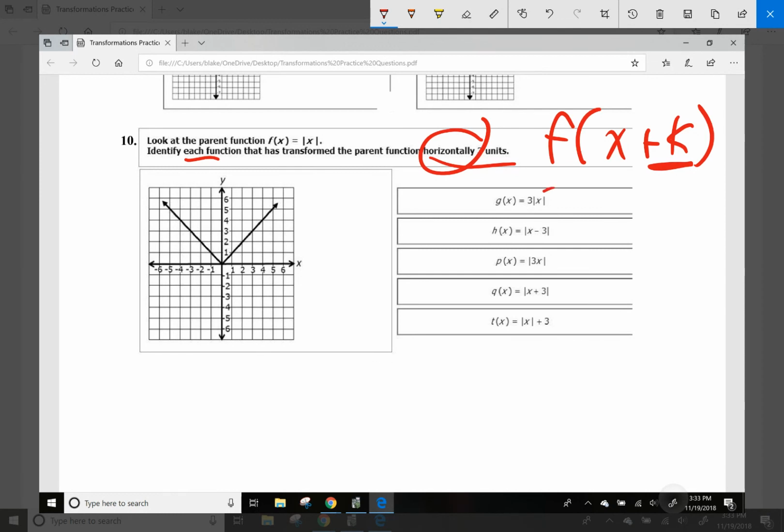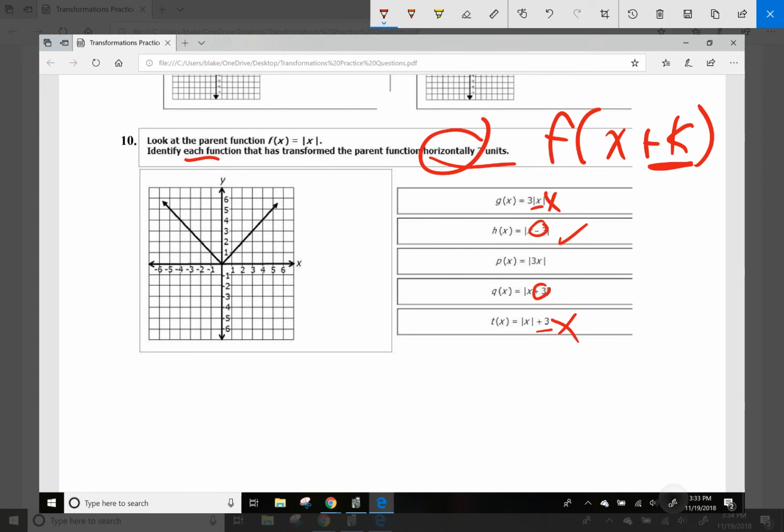So it's not g of x because you're not putting anything inside the parentheses there. And it's not t of x because the plus 3 is on the outside, not the inside. So I'm immediately ruling out those. It's definitely h of x because you can see the minus 3 on the inside. And it's definitely q of x because you can see the plus 3 on the inside. But does p of x count?